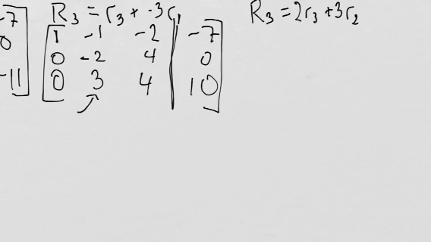Now we can write the first 2 rows because we know that they will not be changed.